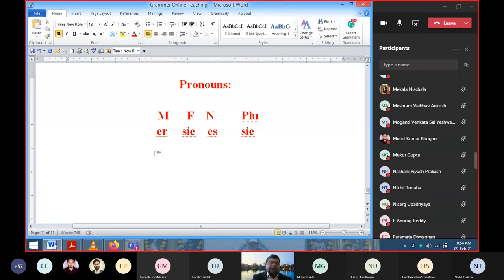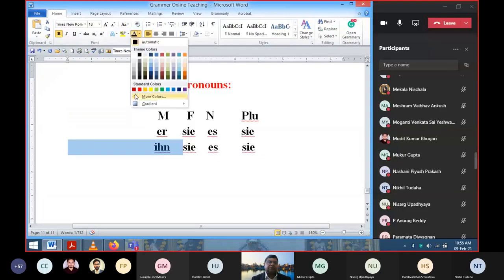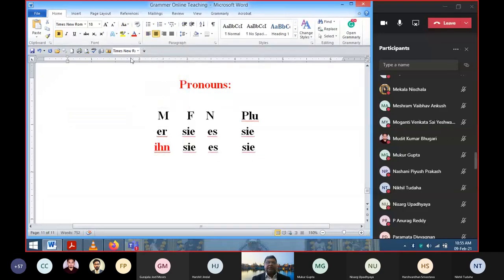So here, on the article pattern only, change will be there. If you remember, these pronouns are also going subject and object, nominative, direct object, indirect object, on the same pattern.